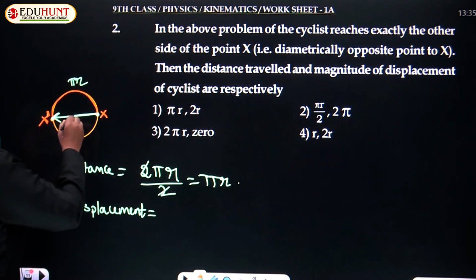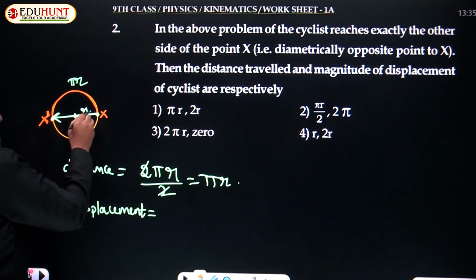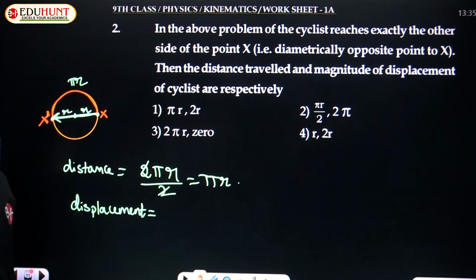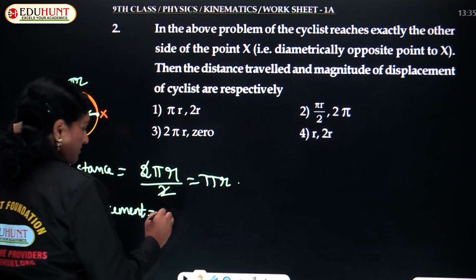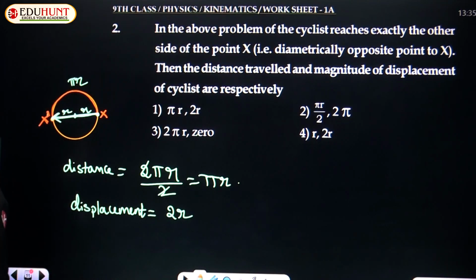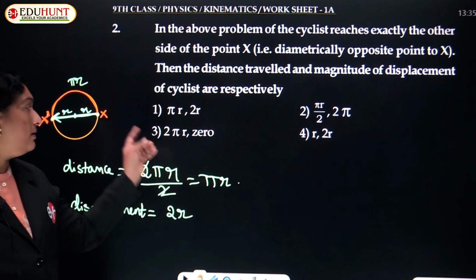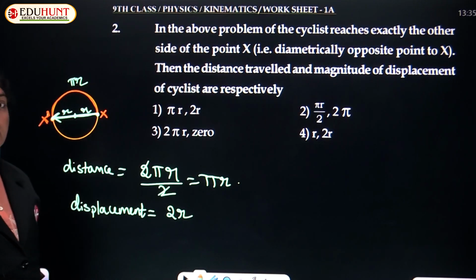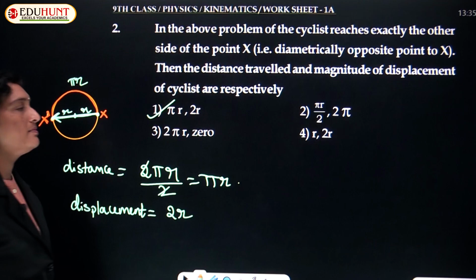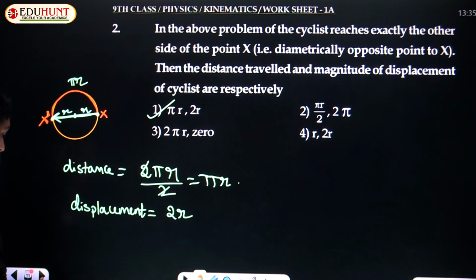As we know the radius of the circle is r, this gives the diameter. The diameter is equal to 2 times the radius. Hence it must be 2r. Therefore the distance covered by the body is pi r and the displacement of the body is 2r. Therefore, the correct option must be option 1.